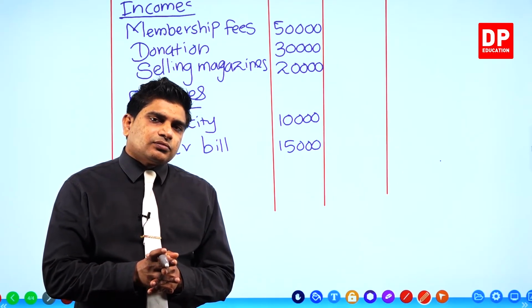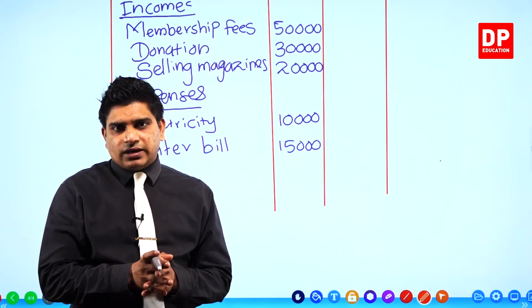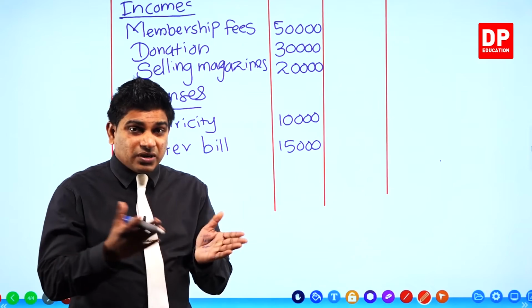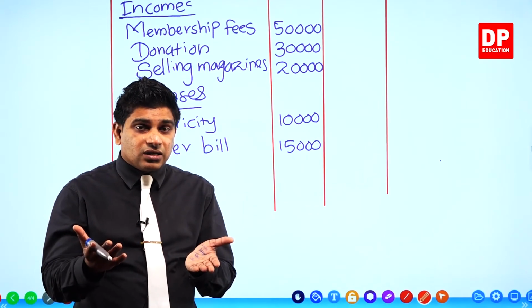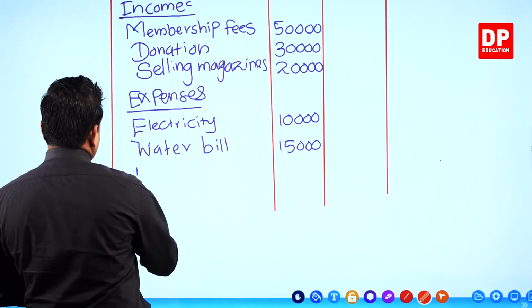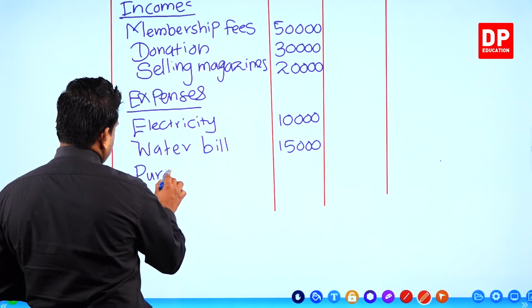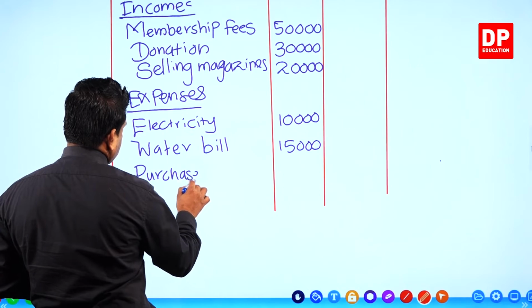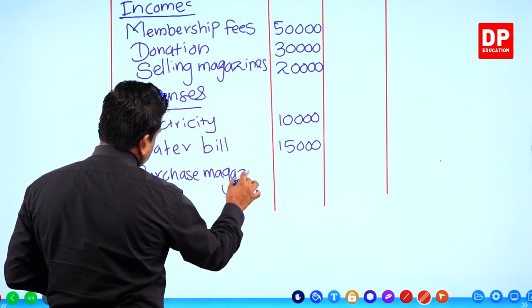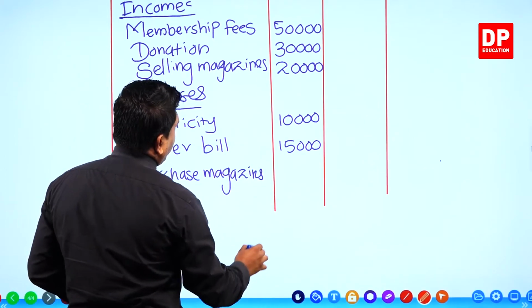Then another expense. Through selling magazines we received 20,000, but we also purchased magazines, 5,000.